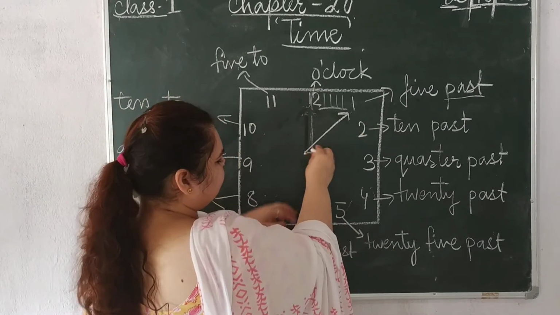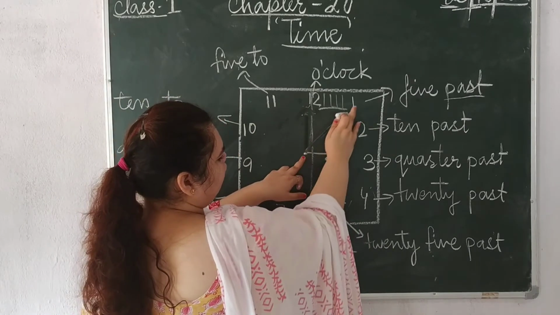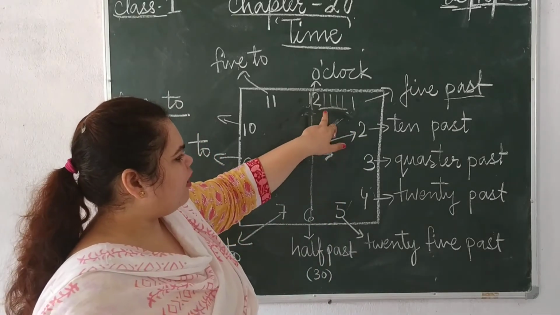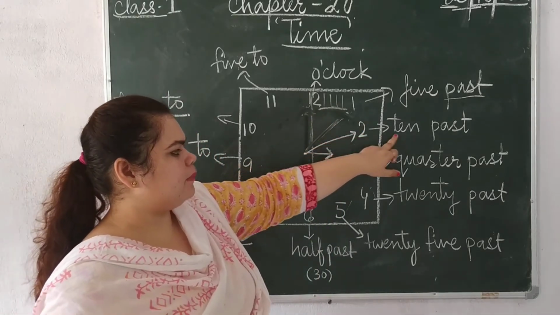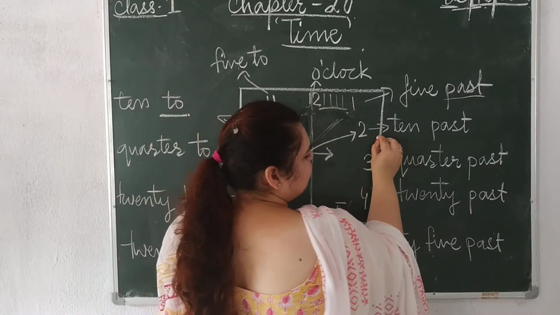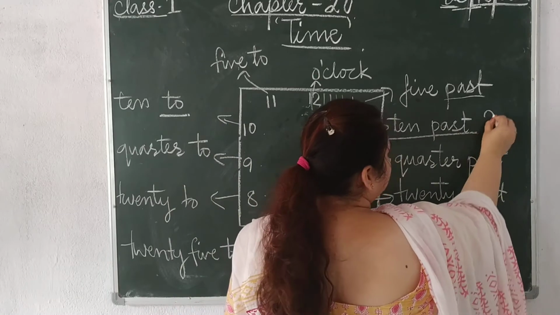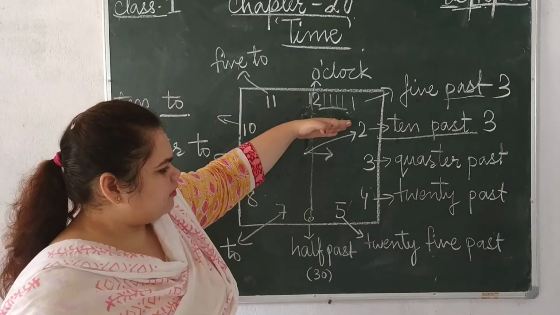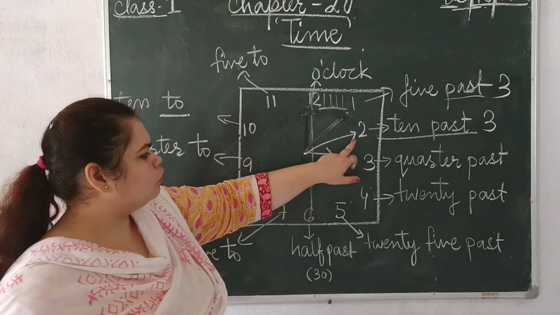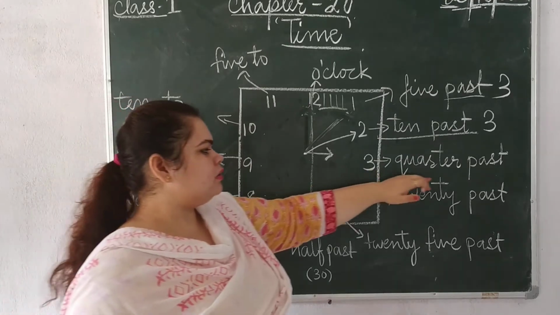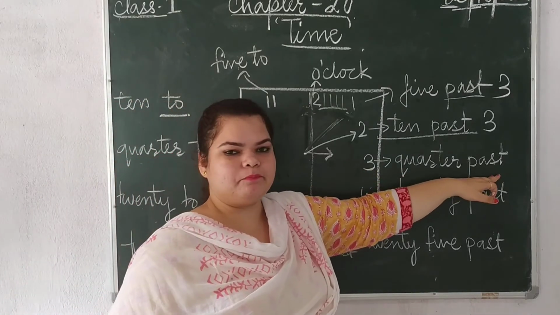Now if the hand crosses from number 1 to number 2, now 5 plus 5 makes 10. So here you see it is 10 past 3. The same way, if the big hand goes from 2 to 3, it becomes quarter past 3.